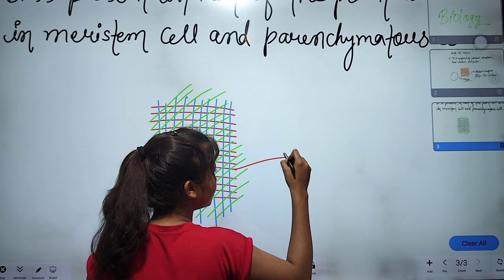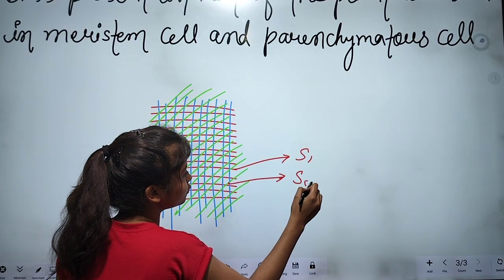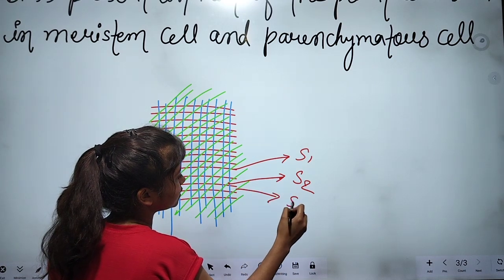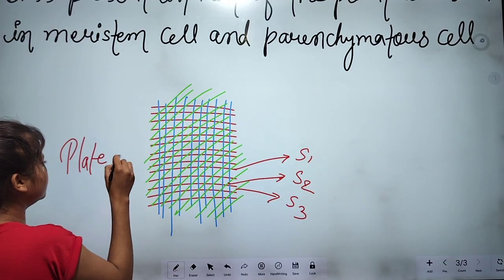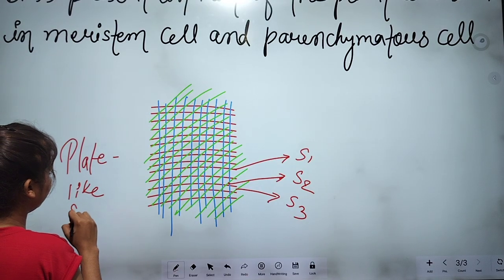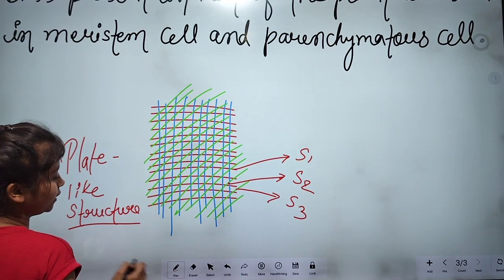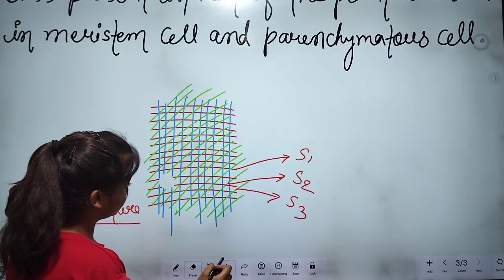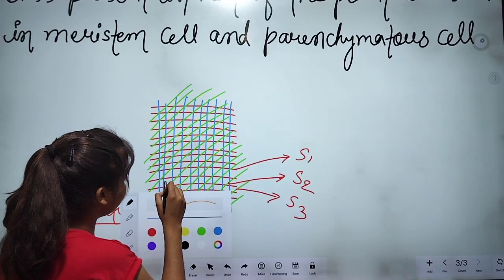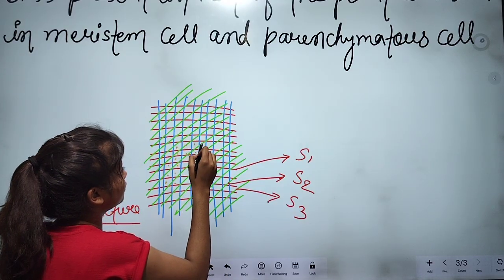This red one is S1, blue is S2 and the green is S3. Okay, so it is also a plate-like structure. And the dots between this, what else?